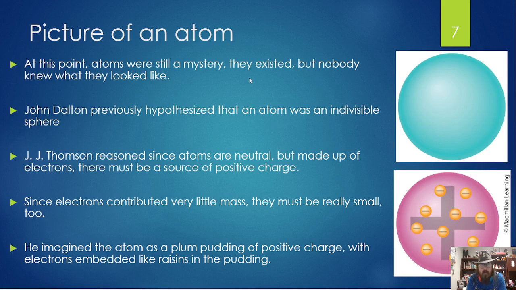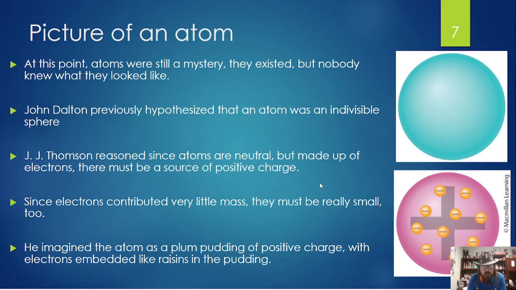So at this point, atoms are still a mystery, but we did know a few things about them. We knew that they're neutral charged and have a decent amount of mass. The majority of the mass must be proton because the electrons are very small. John Dalton previously hypothesized that the atom was an indivisible sphere, like this picture.